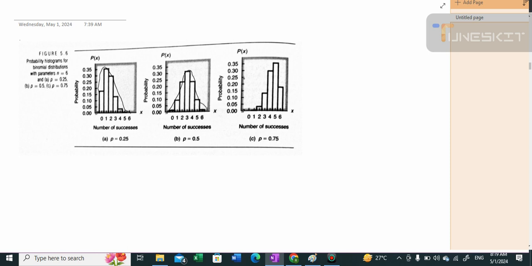That we can observe. And as p approaches 1, from symmetrical it will start approaching the shape of a negatively skewed distribution.